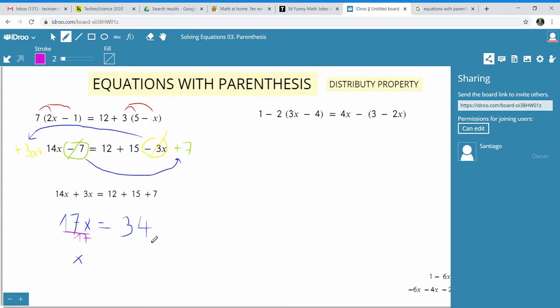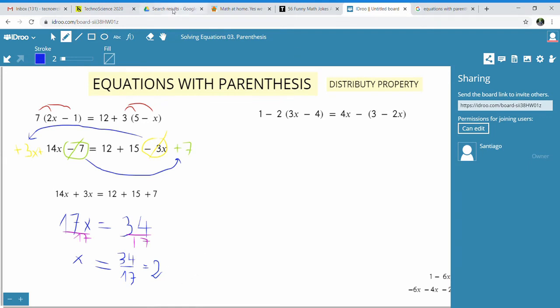When you divide this by 17, now we get 34 divided by 17, which is 2. Yes, 34 divided by 17 is 2. So this is the solution of the equation.